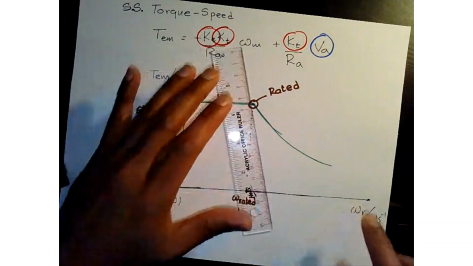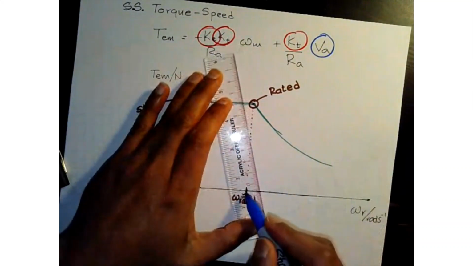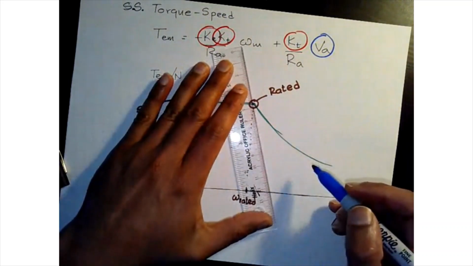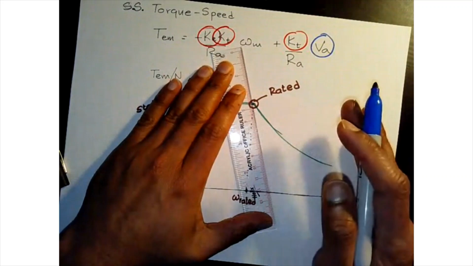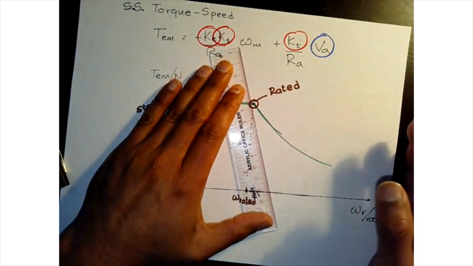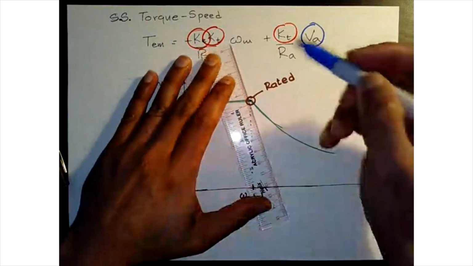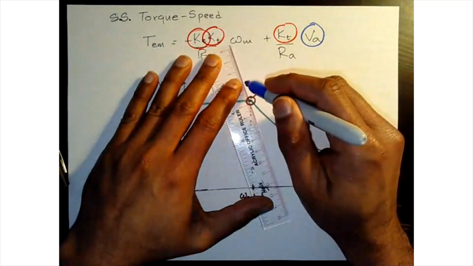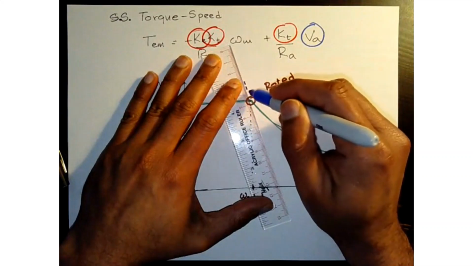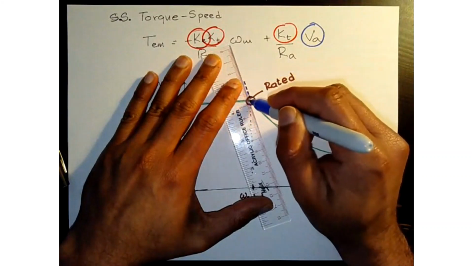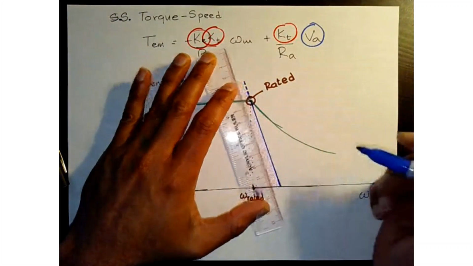I will draw it so that it shows the exaggeration between the two zero torque speeds, but it's not going to be that big of a difference for certain machines. So keep that in mind. I'm going to draw this in dash and then draw a continuous line here.